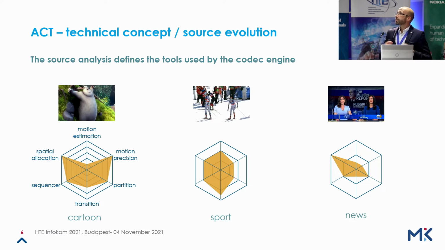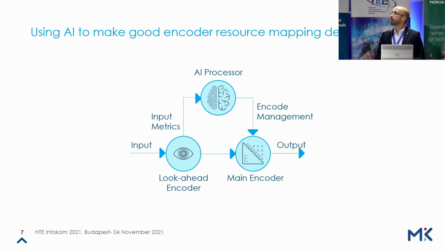So the idea was, instead of using those out-of-the-box presets where all the parameters have been tuned for a wide variety of content, can we use AI to classify different types of video and try to understand which tools in the codec can benefit our video quality the most? By doing that, we can selectively turn tools on and off instead of switching to a completely different preset that was optimized for generic content.